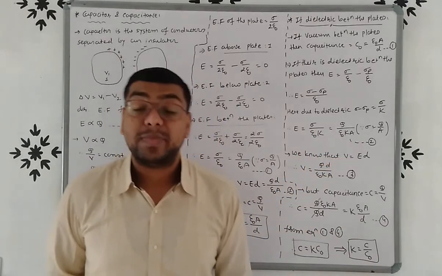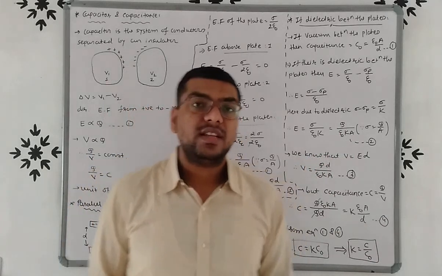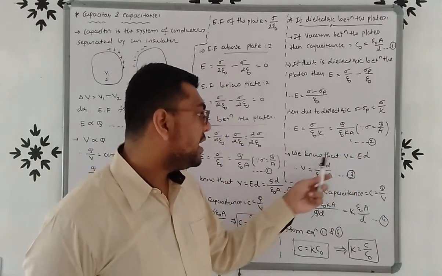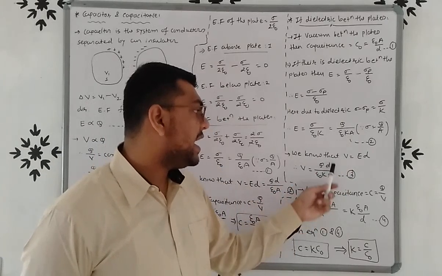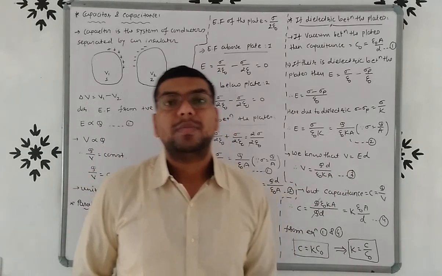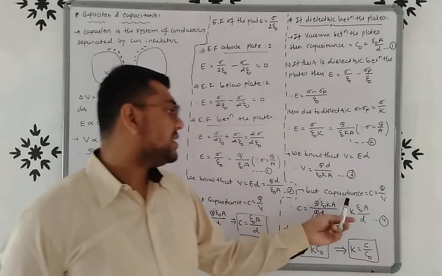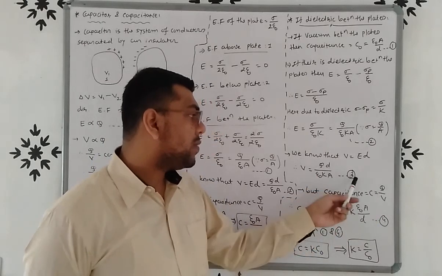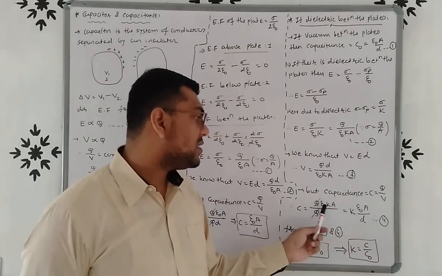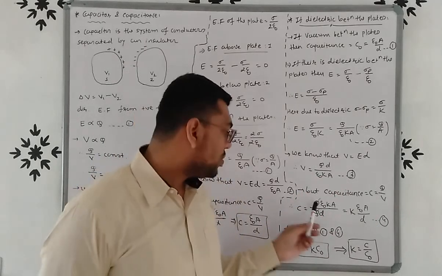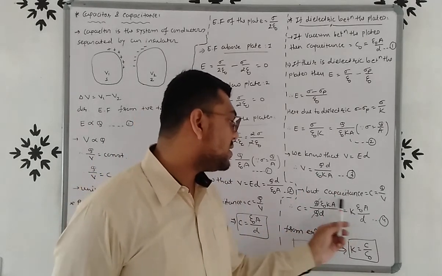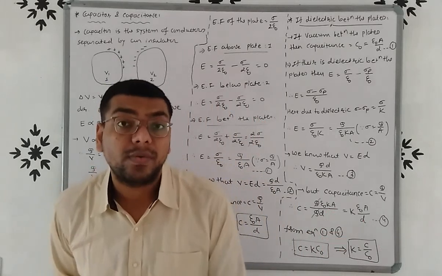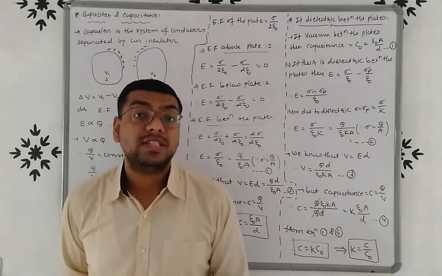To find the capacitance, we have to find the potential. We know that V is equal to E D, so V is equal to the value of E, Q by epsilon 0 K A, into D. But we know that capacitance C is equal to Q by V. So Q as it is, value of V from equation 3, Q D upon epsilon 0 K A. Q cancels, so K into epsilon 0 A by D. But from equation 1 and 4, what is epsilon 0 A by D?